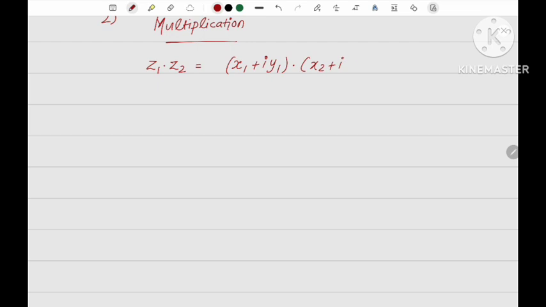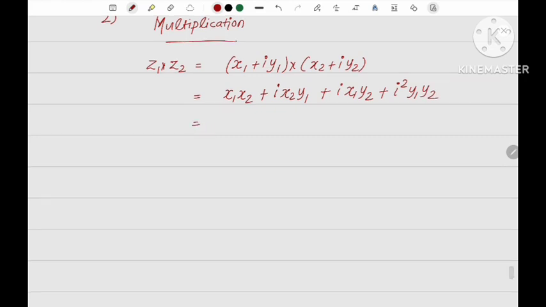Into x2 plus iy2. So I will just take this and distribute over this bracket. So x2 is multiplied to x1. So this becomes x1 x2 plus this x2 is multiplied, so this becomes i x2 y1, plus this term now gets multiplied to x1, becomes i x1 y2, and plus this becomes i square y1 y2.